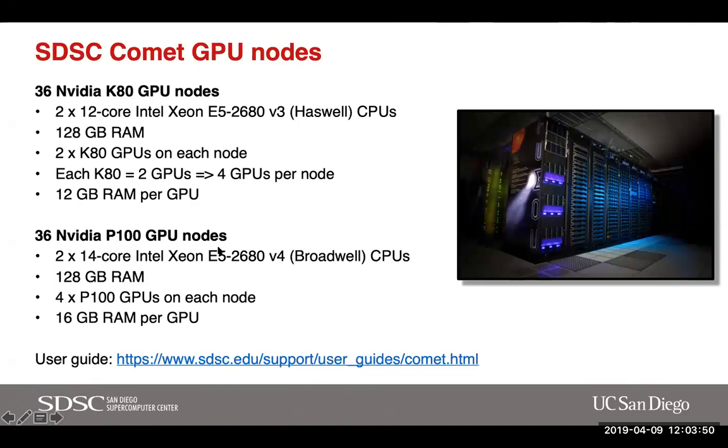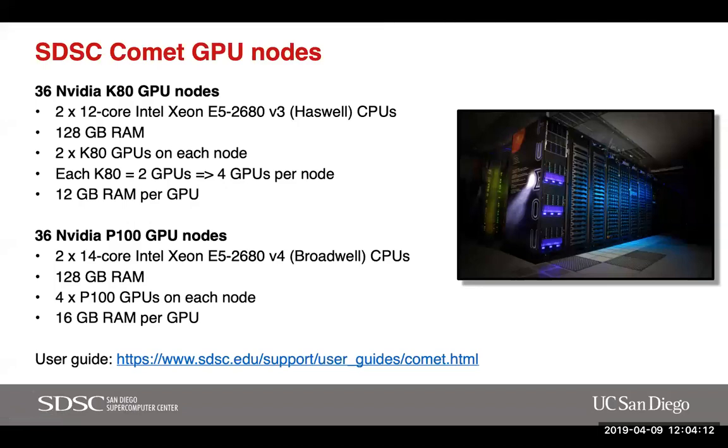Then we have newer P100 GPU nodes, also 36 nodes with 4 P100 GPUs on each node. The configuration is very similar, but it is a more modern GPU, with a Broadwell CPU here with 2 times 14 cores. The P100 GPUs have a little bit more memory, 16 GB of RAM per GPU, and they're of course more efficient.